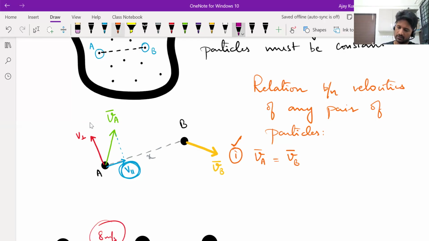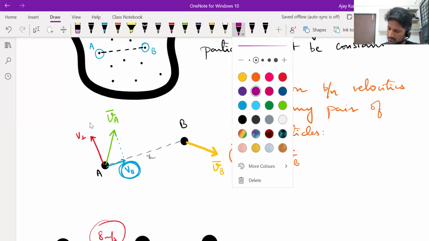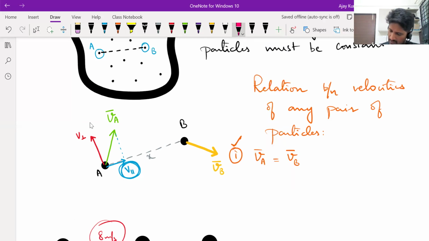The component along the line connecting A and B, let's take it in pink color. So you can take one component like this, that is VB parallel, I should say. And you can take one component perpendicular to the line joining them.